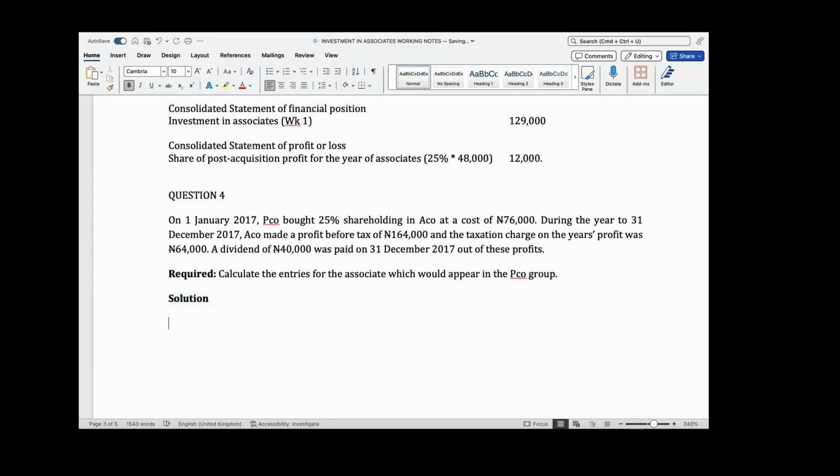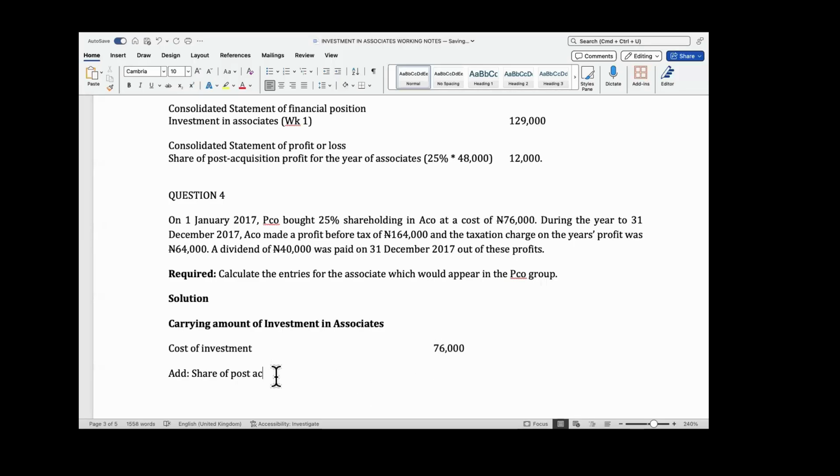And I know that the entry that is relevant in the consolidated account is just the carrying amount of investment in associates, which I determine by first determining my cost of investment, which is 76,000.